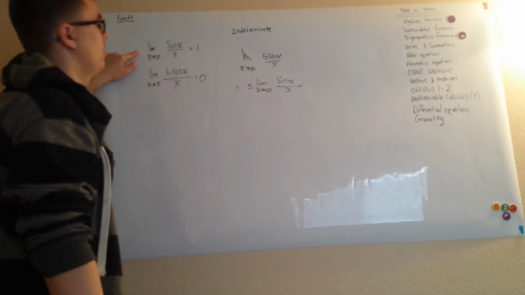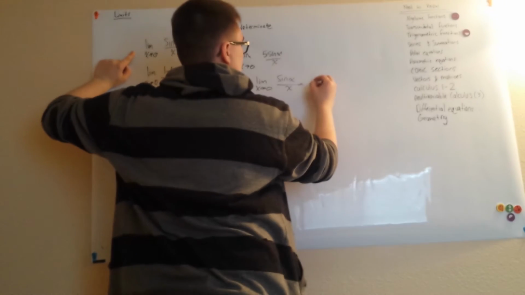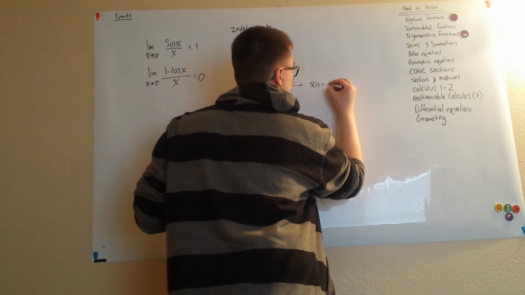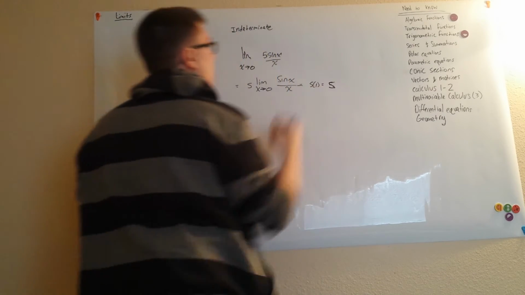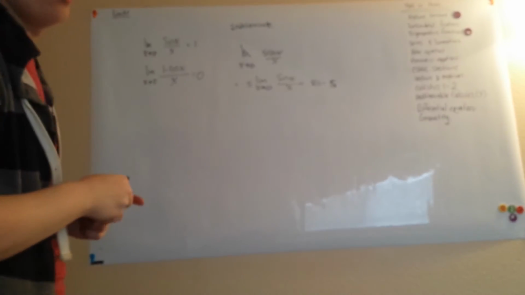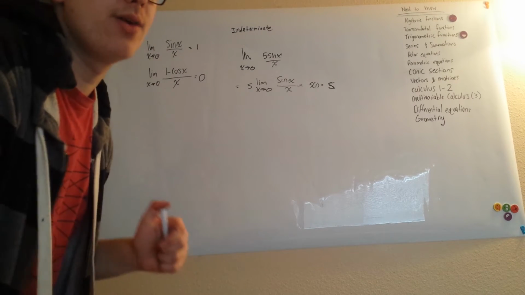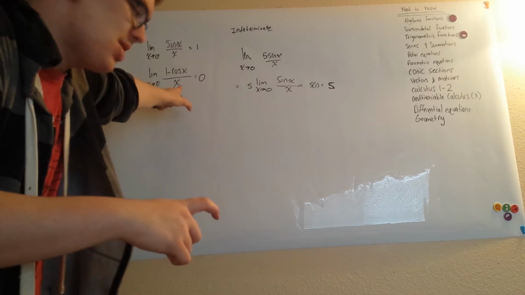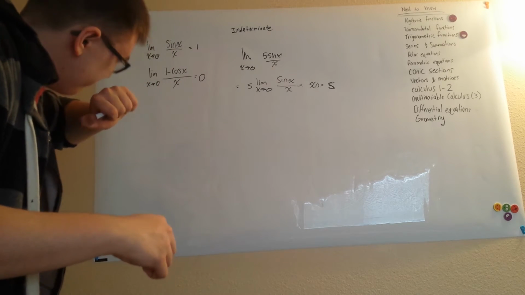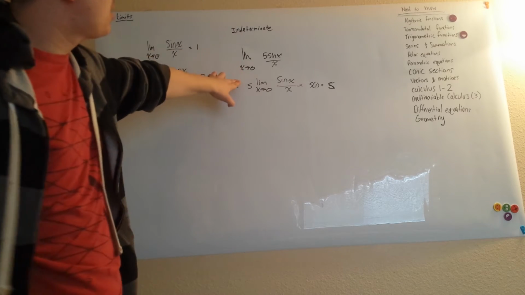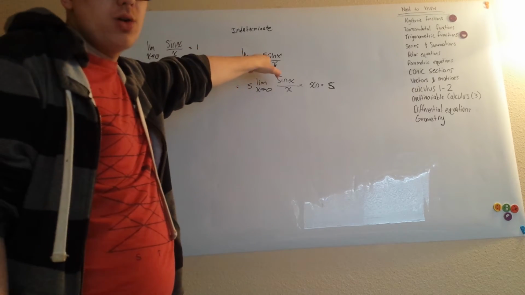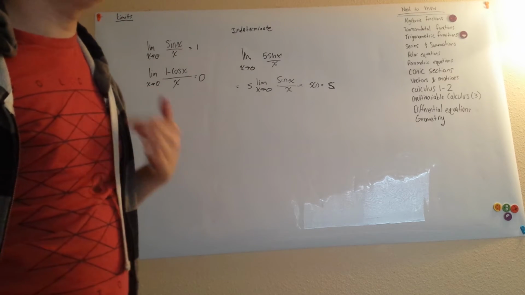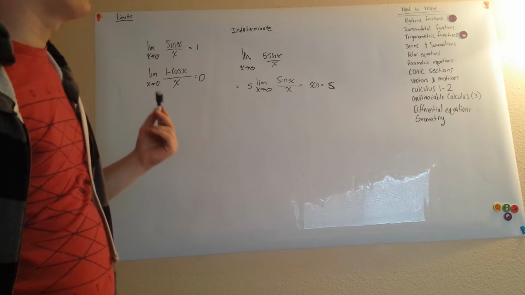That's a 1 right here. 5 times 1 is 5. And you will do this oftentimes in calculus, where you will have to match something you don't know to something you do know. That happens so many times. You have to know all that.